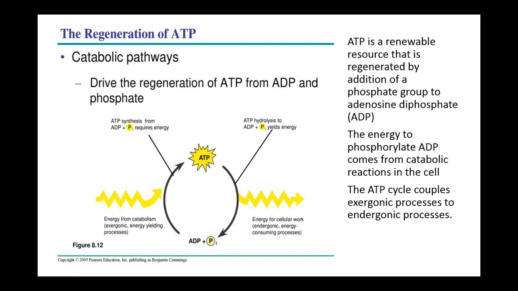So the putting of the phosphate on ADP to make ATP, now please understand that that's an anabolic reaction, but the energy to do that comes from somewhere else, from a catabolic pathway. ATP is our renewable source of energy because of the instability of that phosphate group. And even the act of making ATP, or energy currency, couples the exergonic and endergonic reactions.